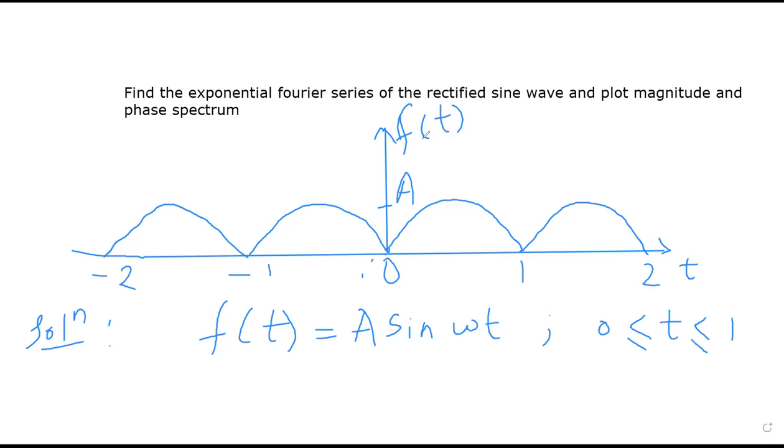Here omega is the frequency of the sine wave, which is given by 2 pi upon the time period. The complete cycle for a sine wave is 2 pi, so 2 pi by 2, the angular frequency is pi. By substituting pi, f of t can be written as A sine pi t.